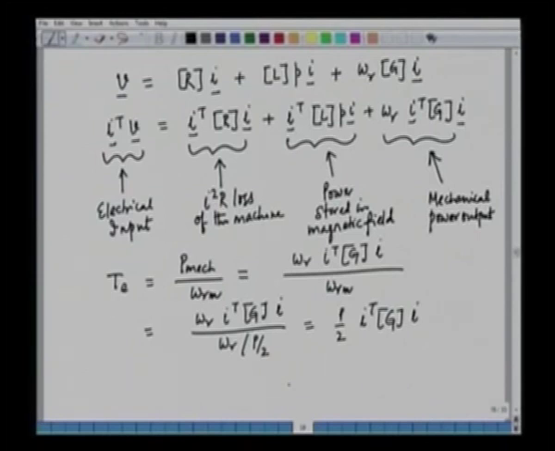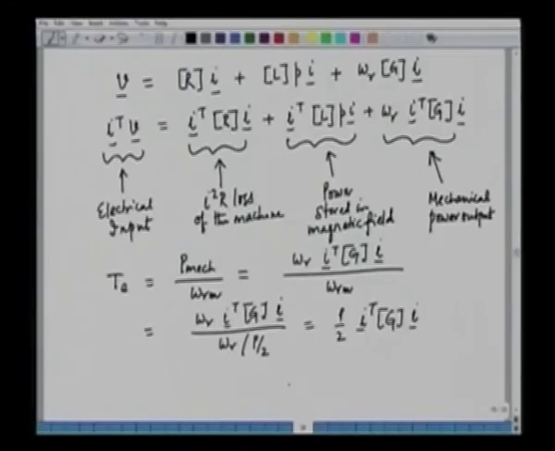This is the expression for the torque. Here i is a vector; it has more than one element. So this is the expression for the torque of a Kron primitive machine. This is what we discussed in the last lecture.